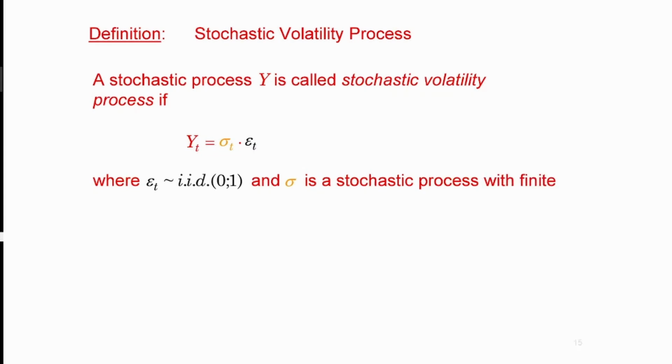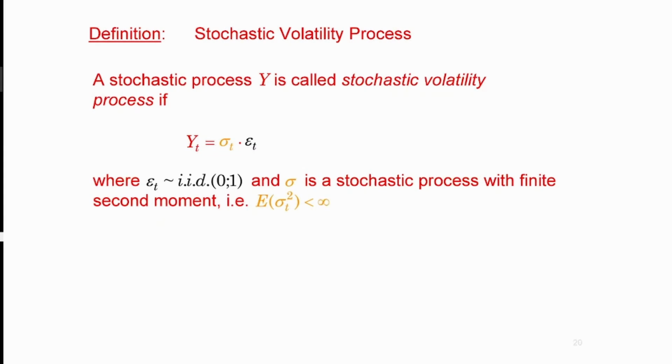If you consider that, it must have just one property though. It must have a finite second moment. So the variance of the process is going to be finite. This is the only requirement that I might be considering. Anything else is just a specification that I'm going to consider later on, especially the GARCH type of processes. So again, the second moment needs to be finite.